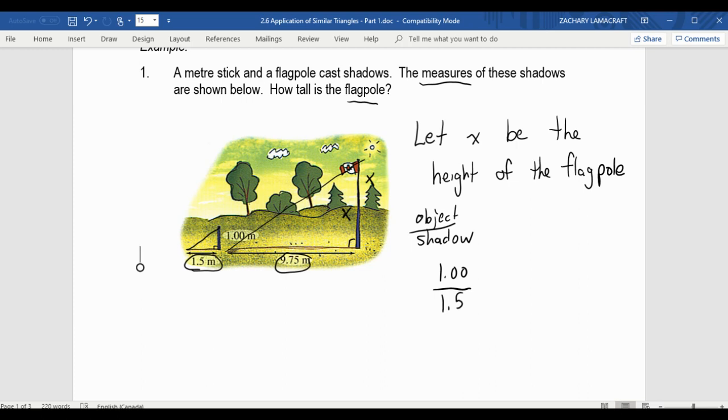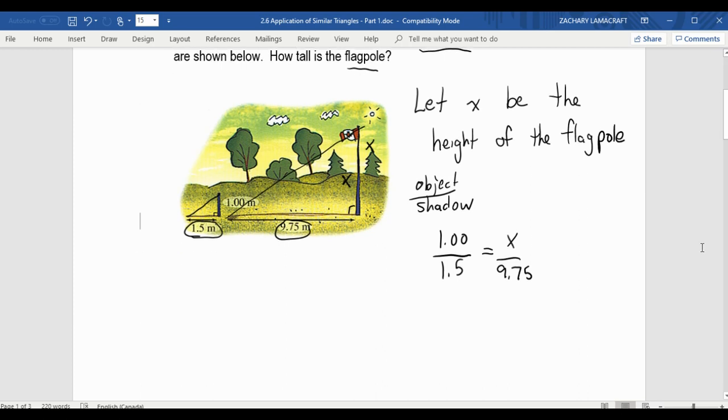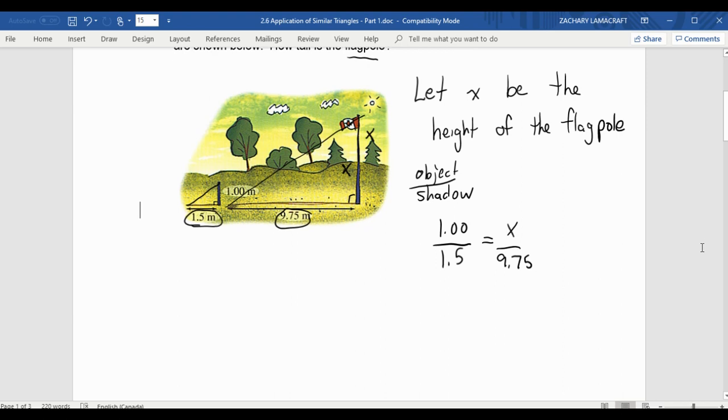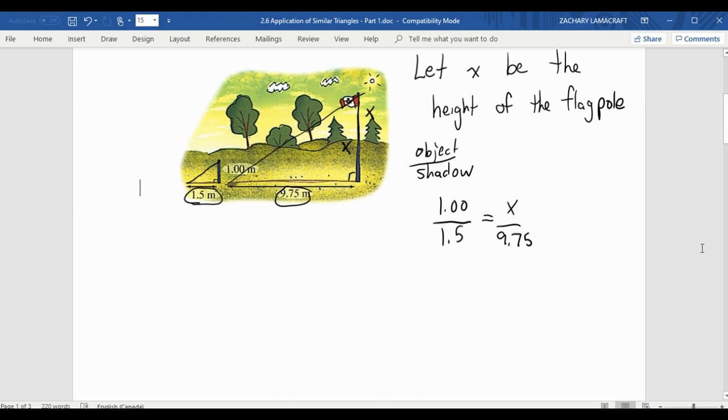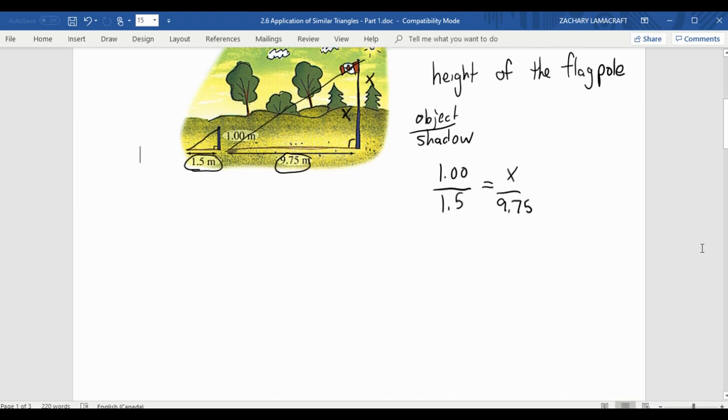Fair? And then what would the equivalent ratio be? X over 9.75. Following me there? Making sense so far? Cool. And we know that it's in meters, so at the end of the day, we're going to have to make sure we include meters at the end, okay? So now we've set up equal ratios.